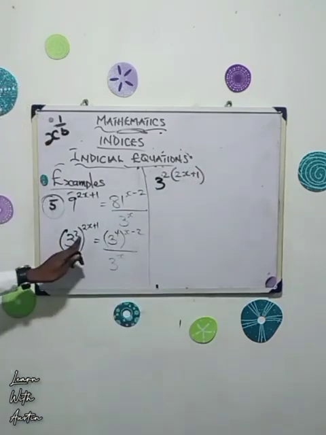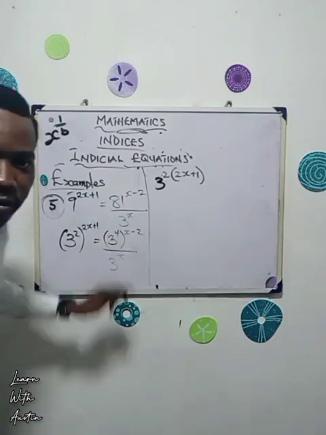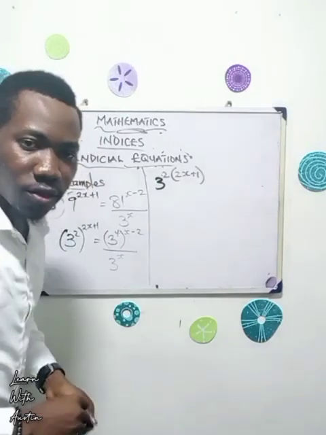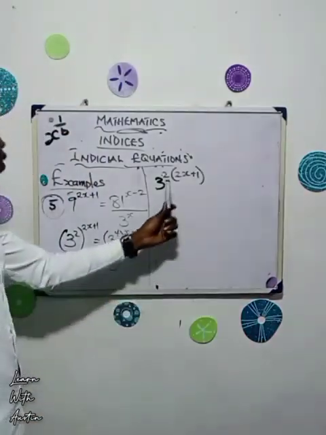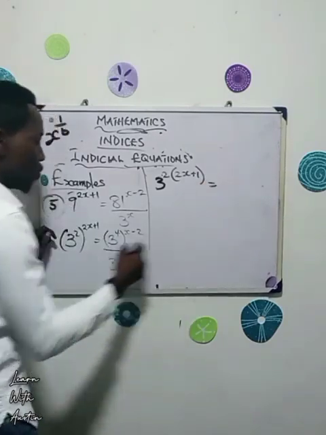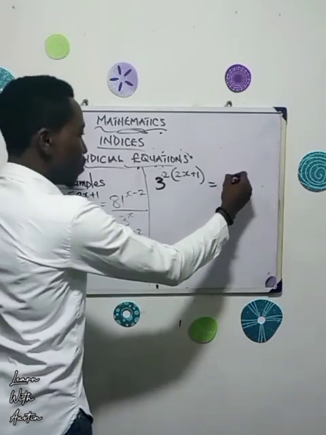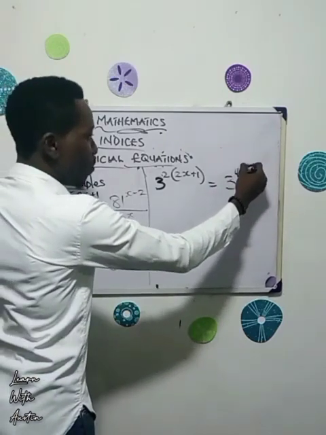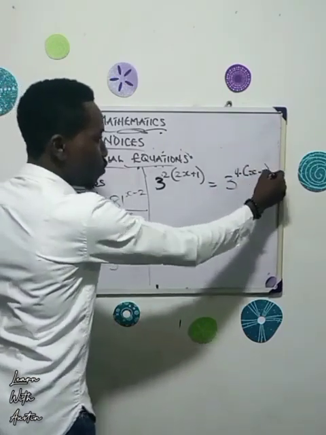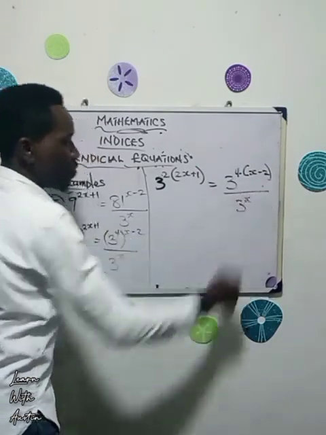Alright? Because 2 is multiplying 2x plus 1, right? 2 multiply 2x plus 1. So 2 is multiplying 2x plus 1, then equals 4 also multiplying x minus 2. 3 raised to the power of 4 multiplying x minus 2. Bracket close. Over 3 raised by just x.